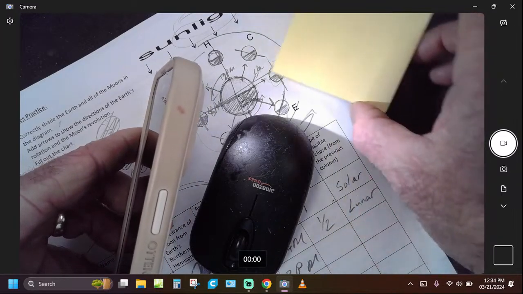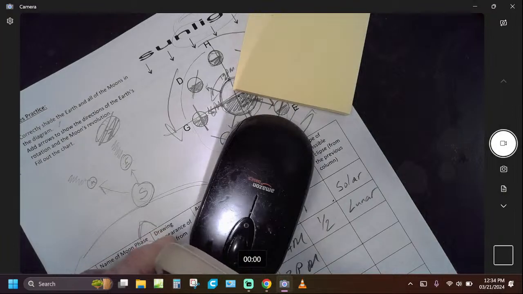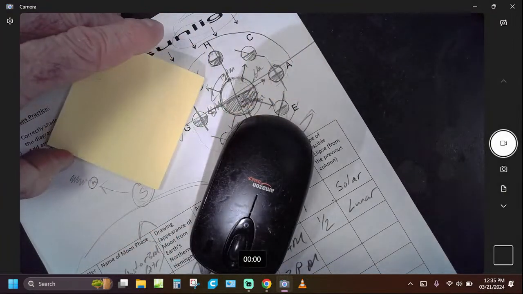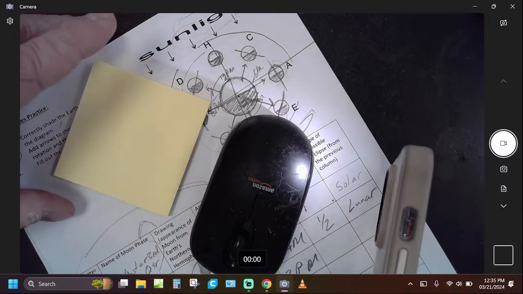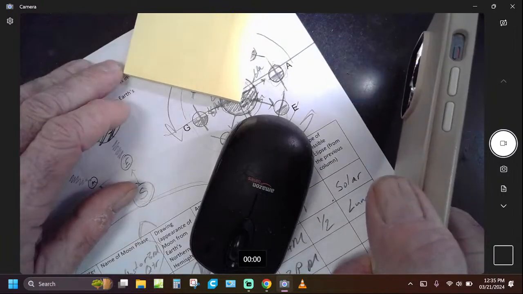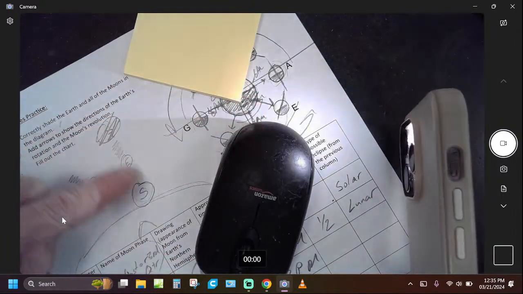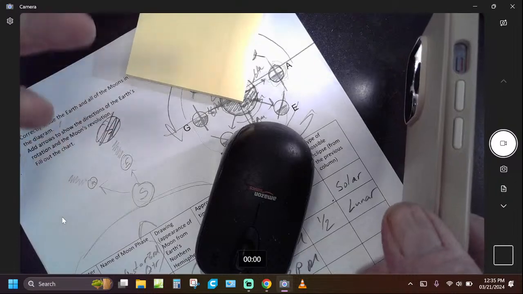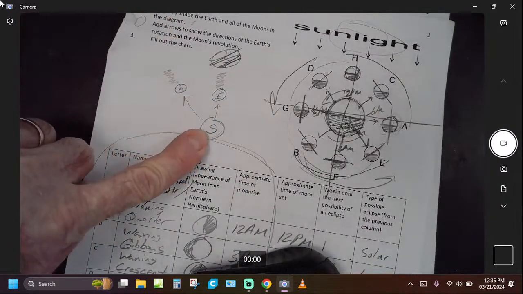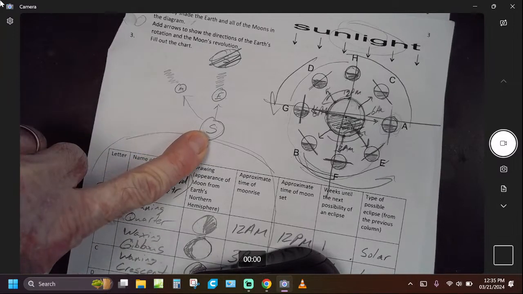And if I put this over here, I can put it in the shadow by moving my phone over here. And if I want it to be in the shadow, I can also put my phone over there. But if I do it like this, the shadow of this thing is over here, the shadow of that thing's over there.